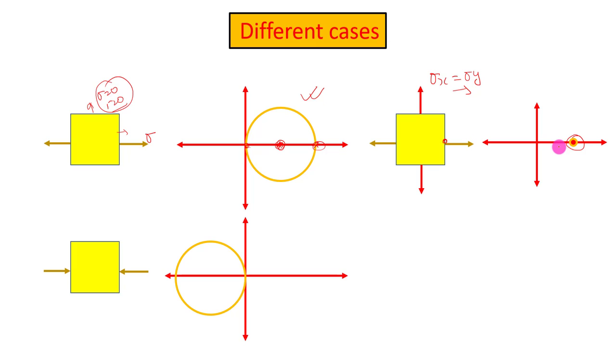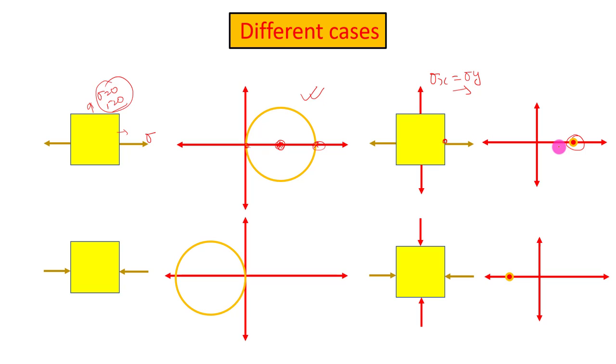You can call it a circle, but it's simply a point on the horizontal axis. So the physical significance of this is that if any stress system like this is present in your system, and if you cut at any plane, the shear stress on that plane will be 0. Means for all the planes, theta equal to 0, 90, 45, 60, every plane is itself a principal plane. So this is a special case.